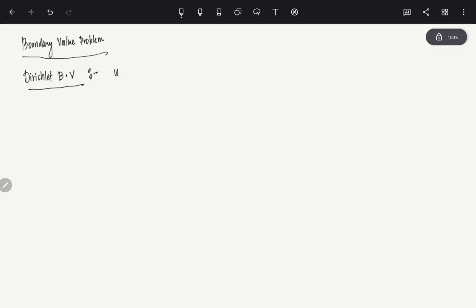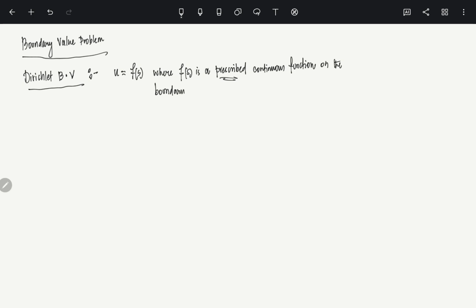So essentially, u equals some f of s, where f of s is a prescribed, already provided to you, that is, a given continuous function, on the boundary of the domain D.